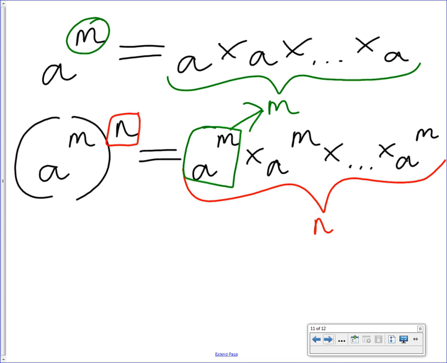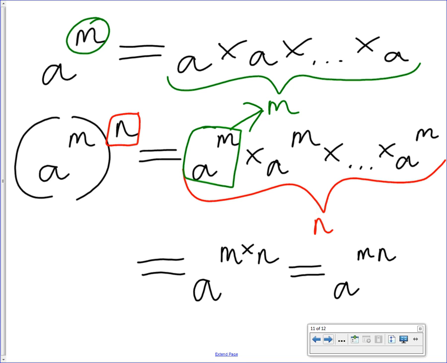And if you've got n lots of m lots of a's, that means that a to the power of m to the power of n equals a to the power of m multiplied by n. Now, remember, you don't have to write the multiplication sign in. You can just put the variables right next to each other, and everyone will interpret that as being a multiplication.